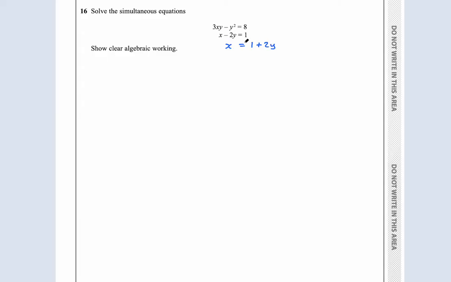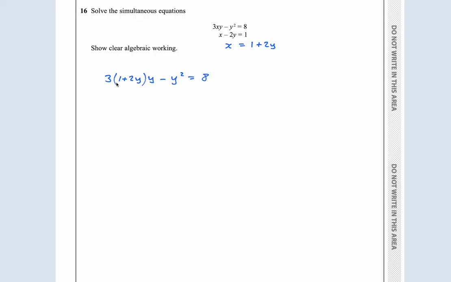Then instead of x, I'm going to put in 1 plus 2y. That means instead of this x here, I'm going to put 1 plus 2y. Okay, so I have 3 times x, but instead of x, I'm going to put 1 plus 2y. That's my 3x. And then there's another y. So look, 3xy minus y squared equals 8.